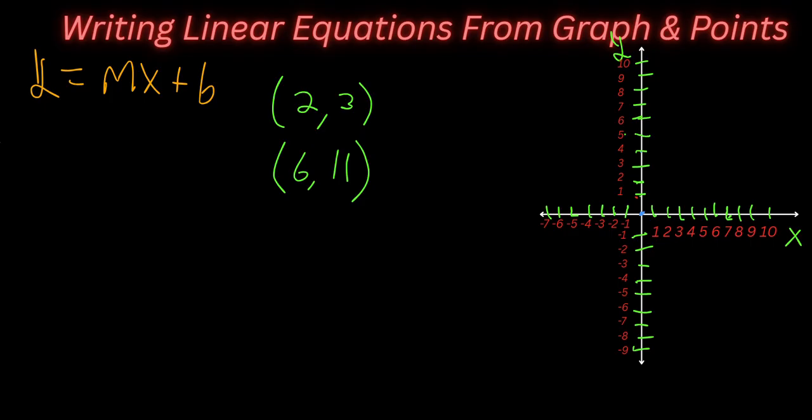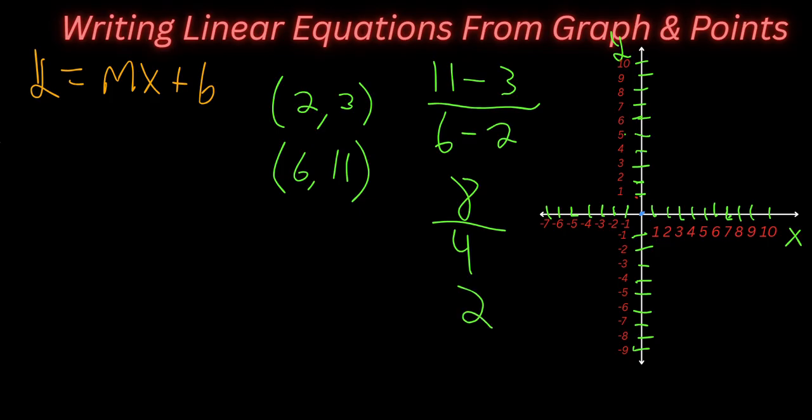Let's compute the slope. We're going to do so by saying y2 minus y1 divided by x2 minus x1. And that gives us 8 over 4, or 2. Okay, so we just found the slope of our line.